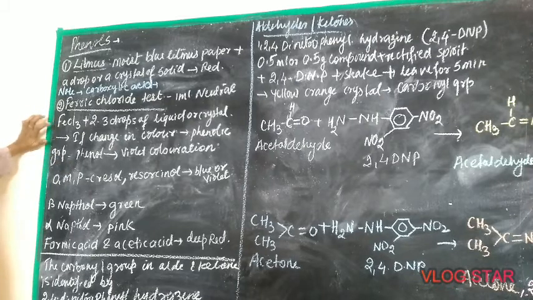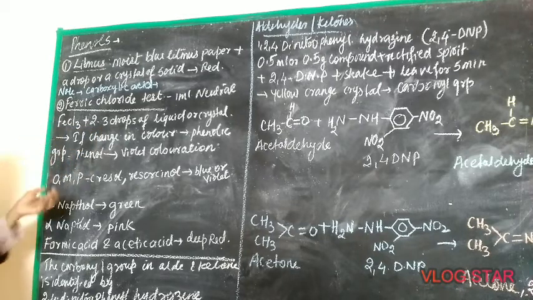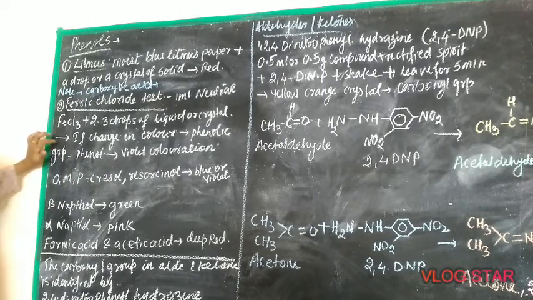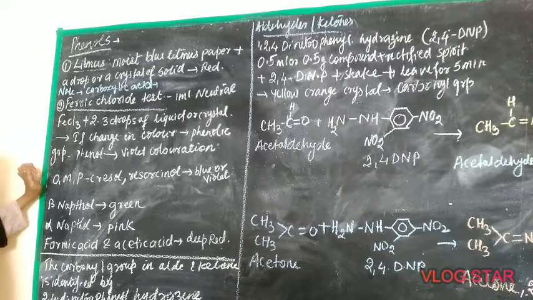The next test is the ferric chloride test. Take 1 ml of neutral ferric chloride and add 2-3 drops of the liquid, or if the compound is a crystal, add one crystal. If you observe a change in color, that means a phenolic group is present.